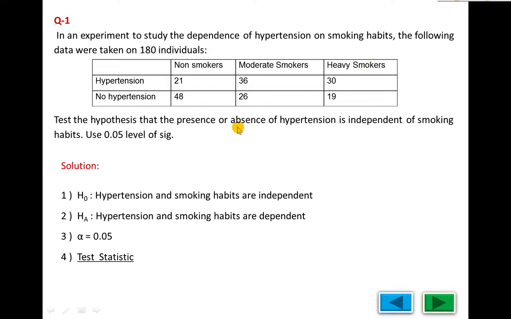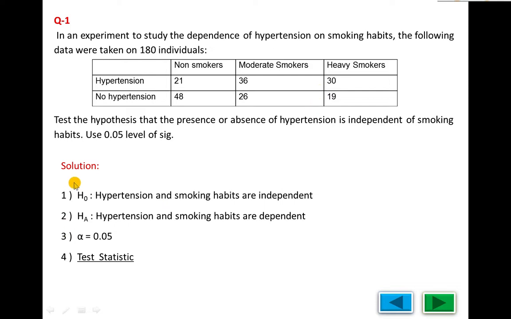So instead of a long statement, we write the main variable, because we always test the dependency or independency between the main variables. This is a characteristic of the collected data, the same data, and this is the intersection, the common area of this and this; both belong to the collected sample data.